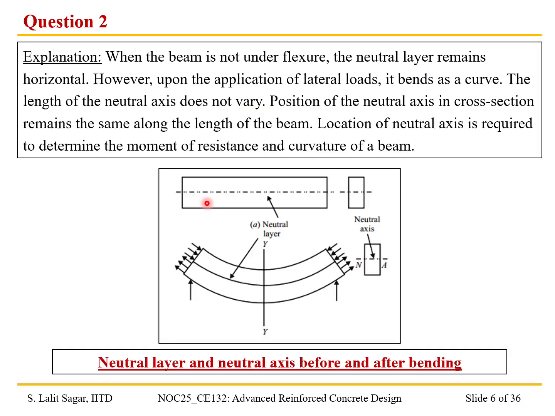Now let us look at the explanation. When the beam is not in flexure, the neutral layer remains horizontal. This is the neutral layer, which is shown by the dotted line. But when it is subjected to flexural load or the lateral load, which is perpendicular to the neutral layer, it tends to bend as a curve.